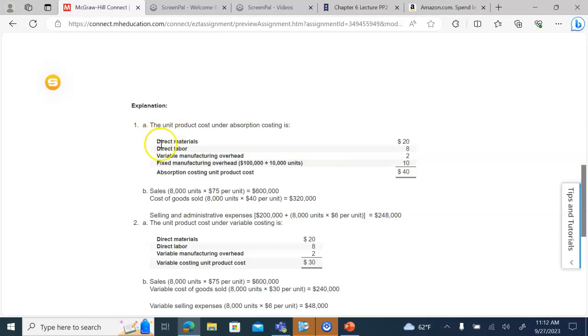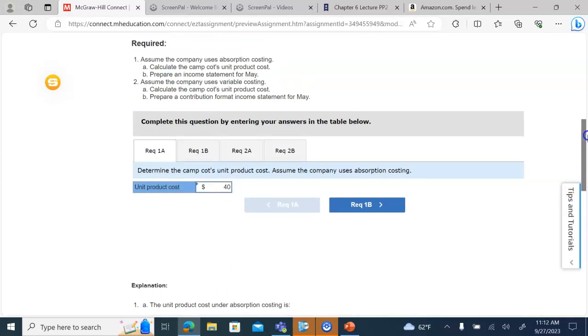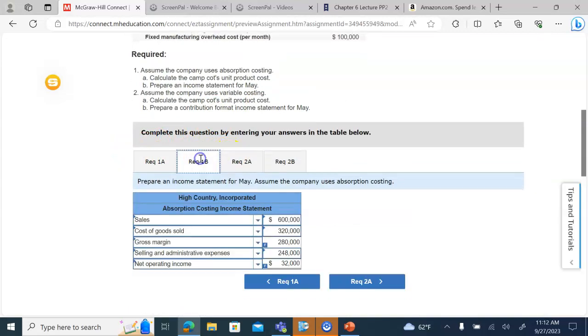So you see here, under absorption, we take all the costs they gave us, but we've got to come up with our fixed manufacturing overhead divided by the number produced to let us know the absorption costing unit product cost. Unlike variable, absorption takes into account and allocates that fixed cost among the products. Okay, so that's $40. Next, prepare an income statement.